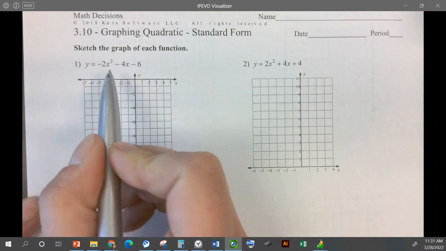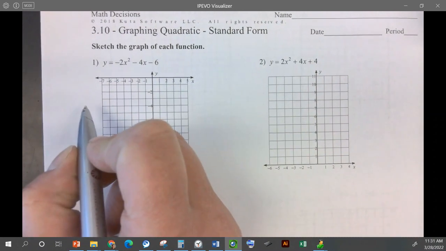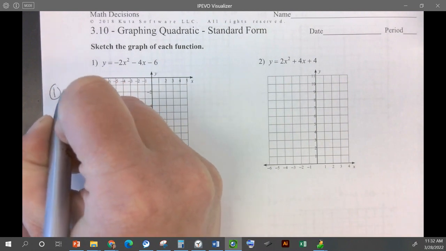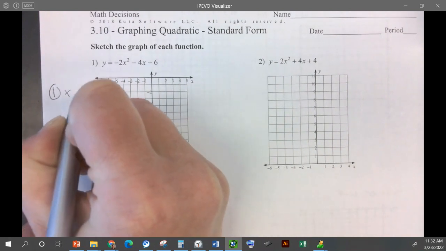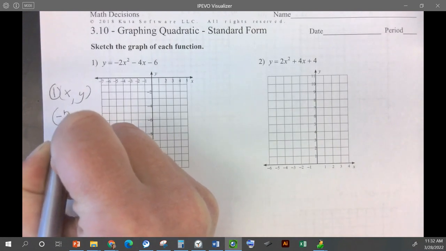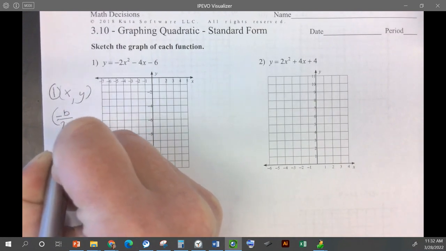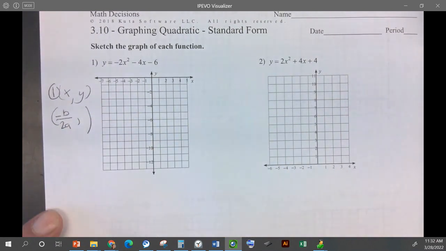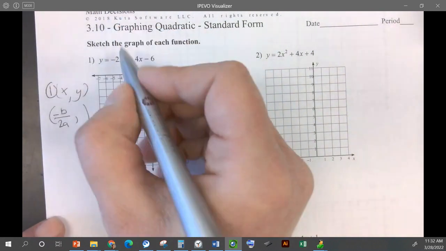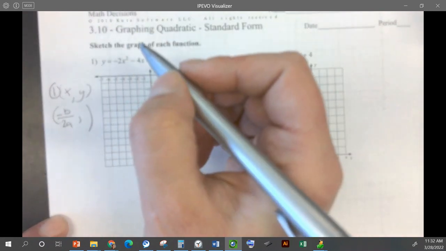All right, so the first thing that we need to do is find the vertex. So we need to find the x coordinate of the vertex. We're going to use negative b over 2 times a. Sometimes it helps me to write down which one's a, b, and c.